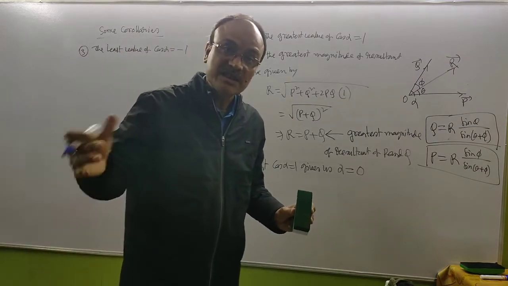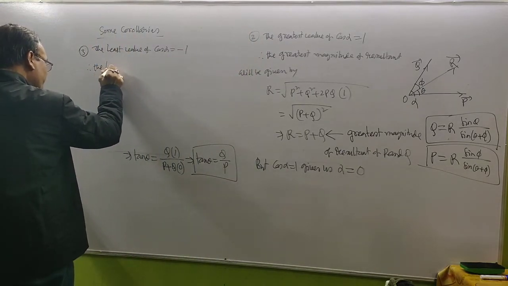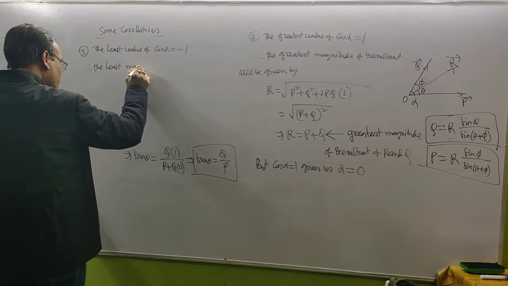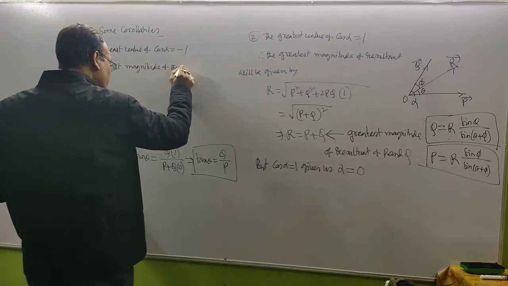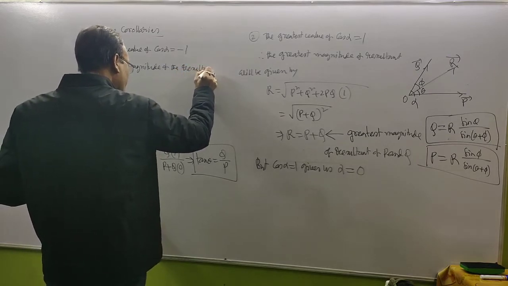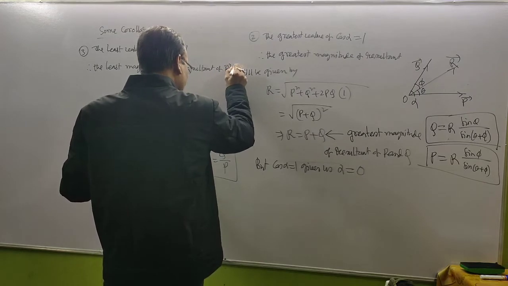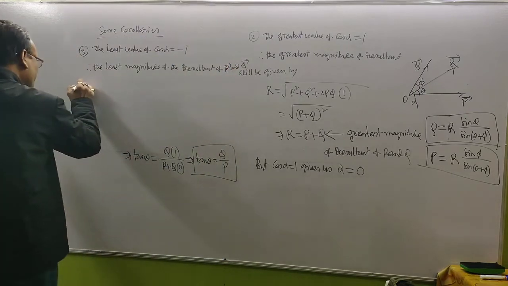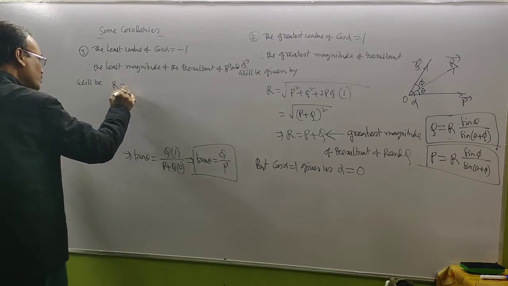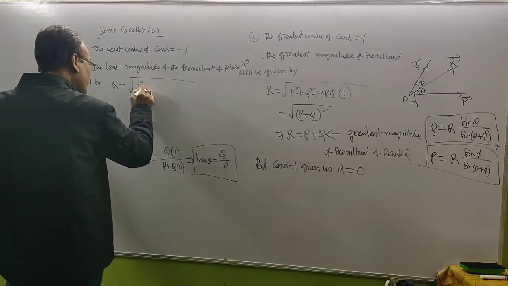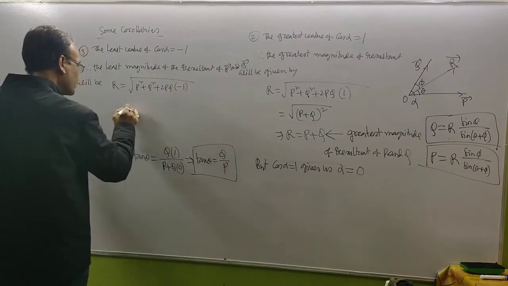Therefore, the least magnitude of the resultant of P and Q will be R equal to root of P square plus Q square plus twice PQ cos alpha, with cos alpha equal to minus 1.